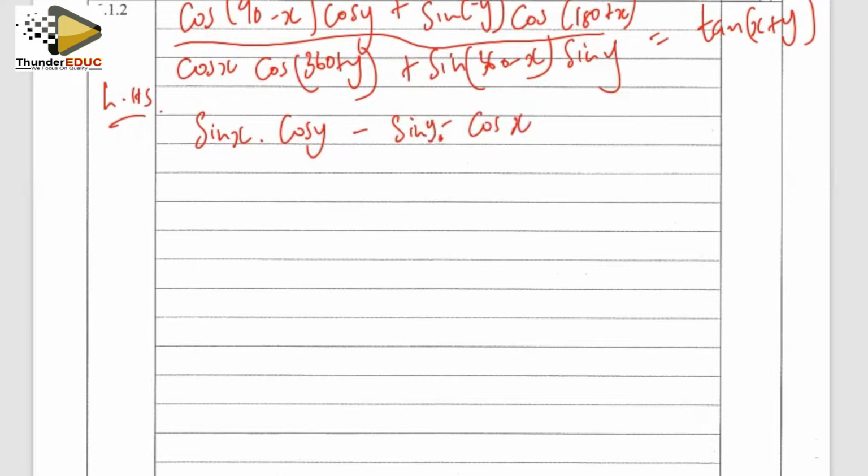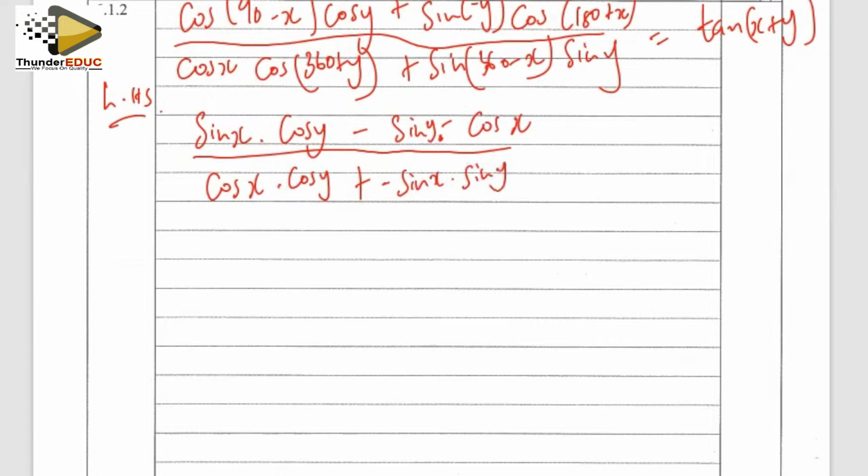Over cos x, 360 plus, that is in quadrant 1, where the cos is positive, the cos y. 360 minus, that is in the fourth quadrant, where the sine is negative, and then sine y.